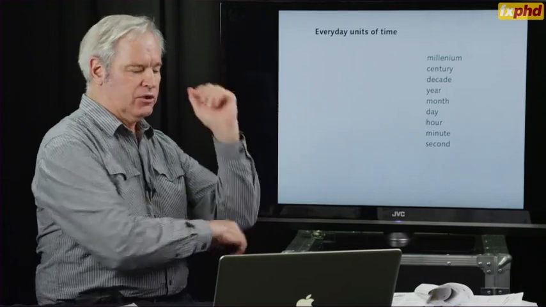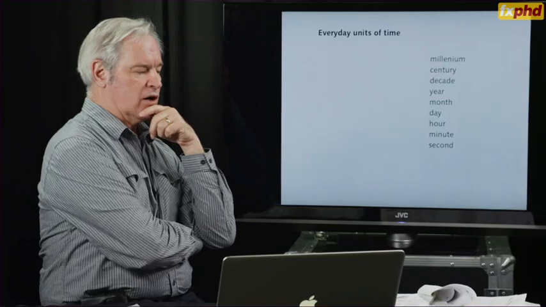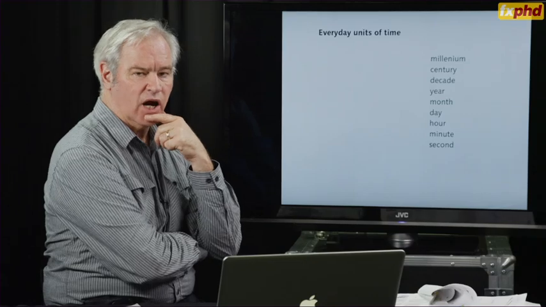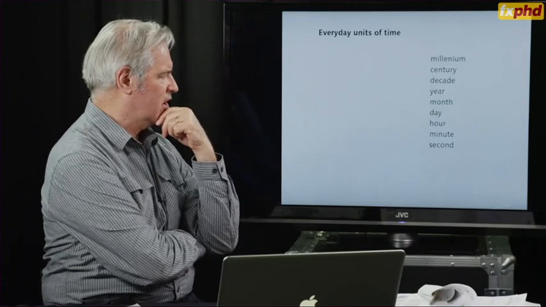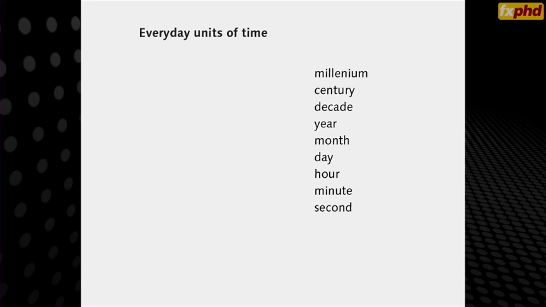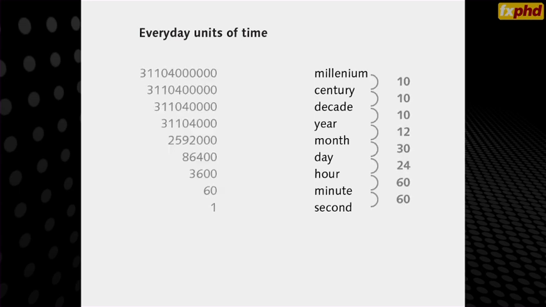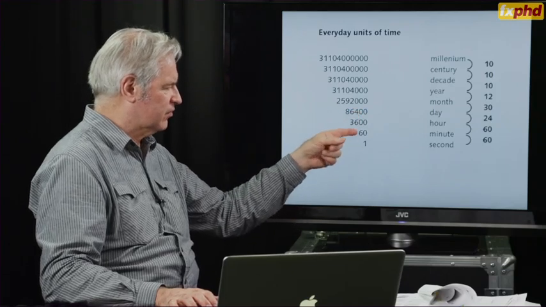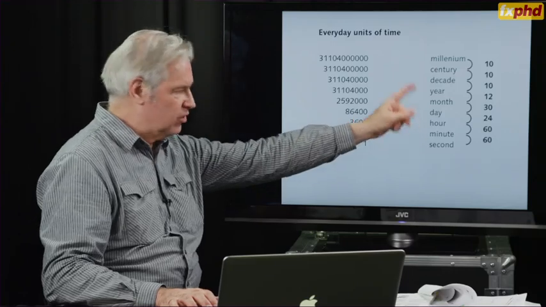But another way to understand logarithms is to start with our everyday words that we use to describe units of time, or intervals of time. We use everyday words like second, minute, hour, day, month, year. But if you look at the time periods associated with these words, 60, 3,600, 86,400, this is the number of seconds in each of these words.